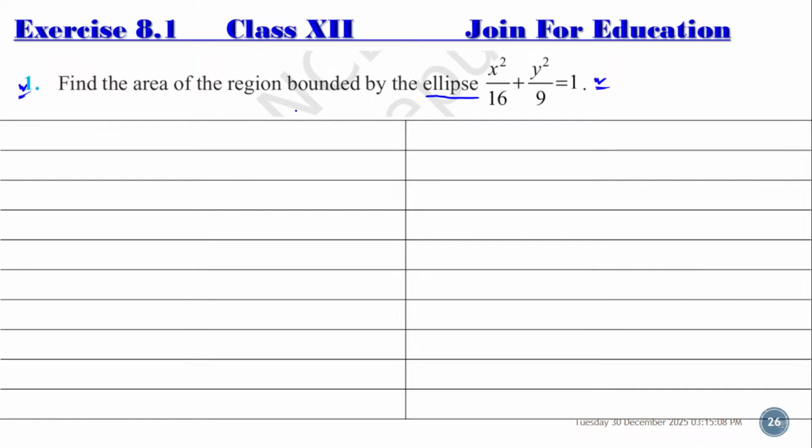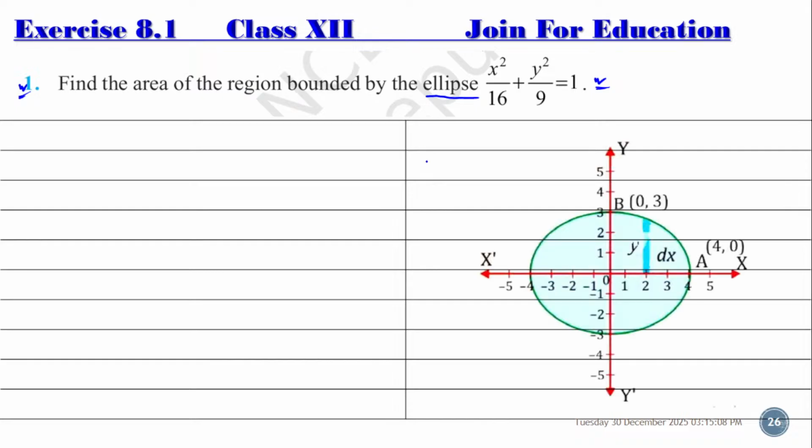First of all, we draw the relevant figure. So this is the relevant figure of the question. This is the ellipse. When x equal to 0, then we get y equal to plus minus 3.